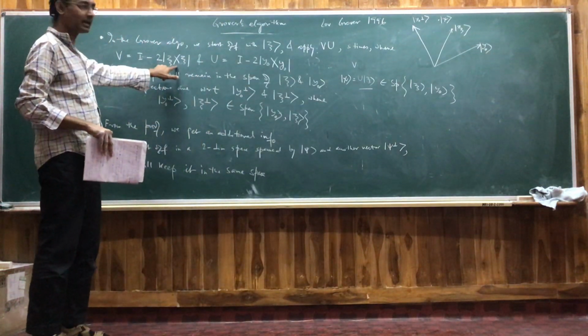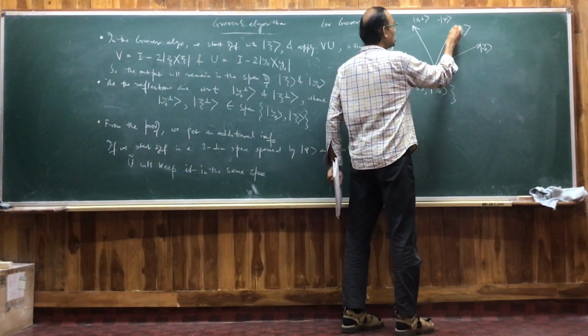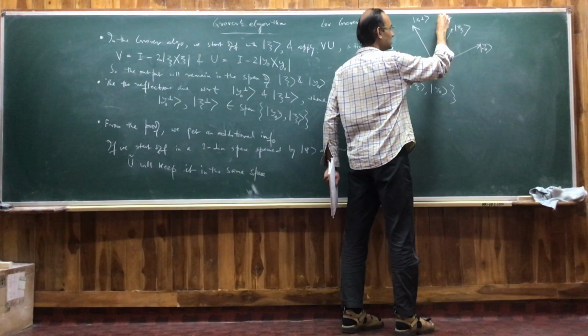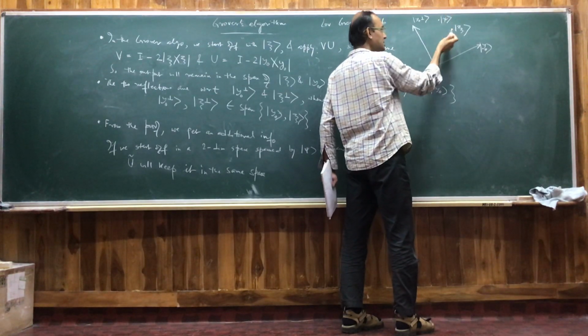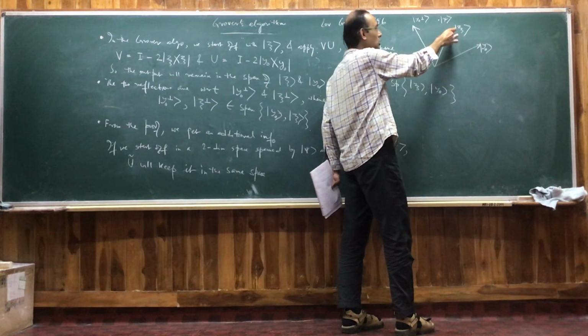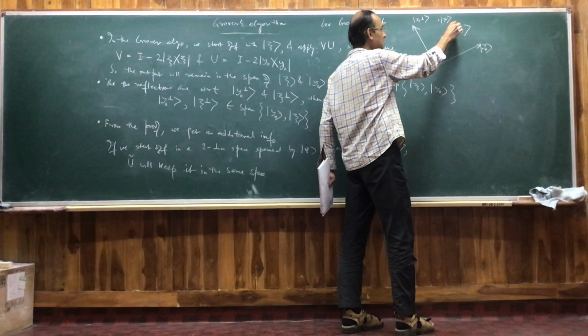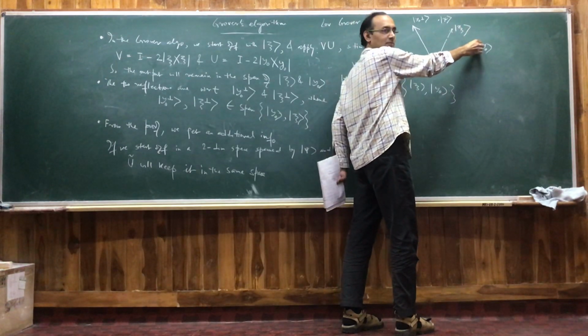This V is defined via this. So you want to reflect this about something that is orthogonal to this, on the plane of this and this. So something on the plane of this and this is the same as on the plane of this and this.